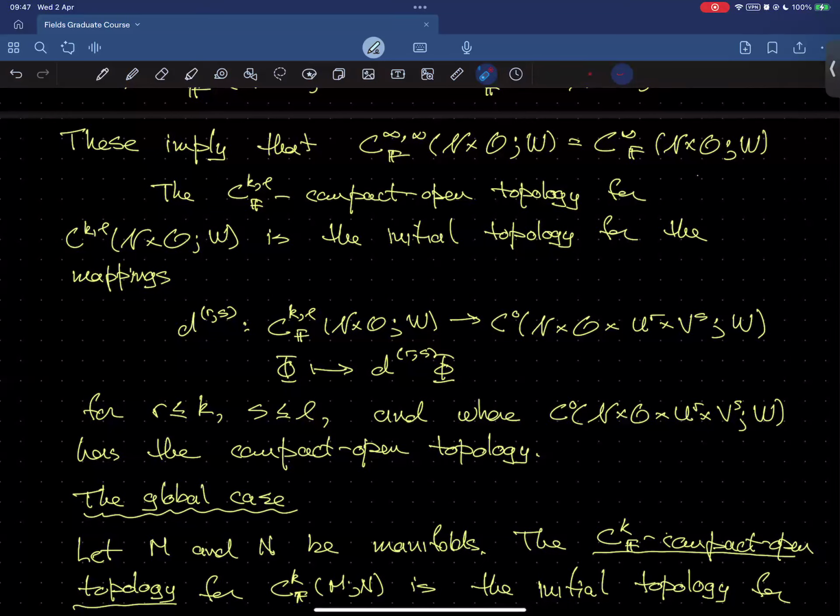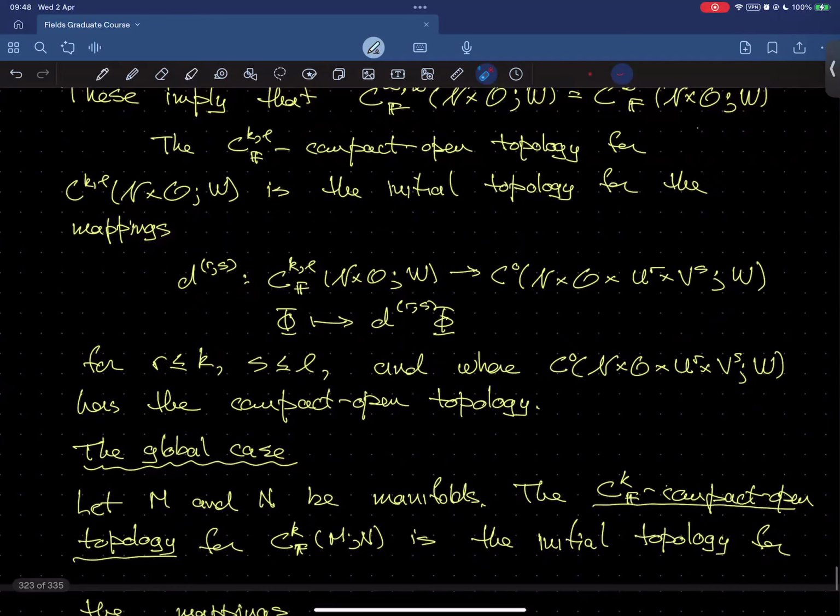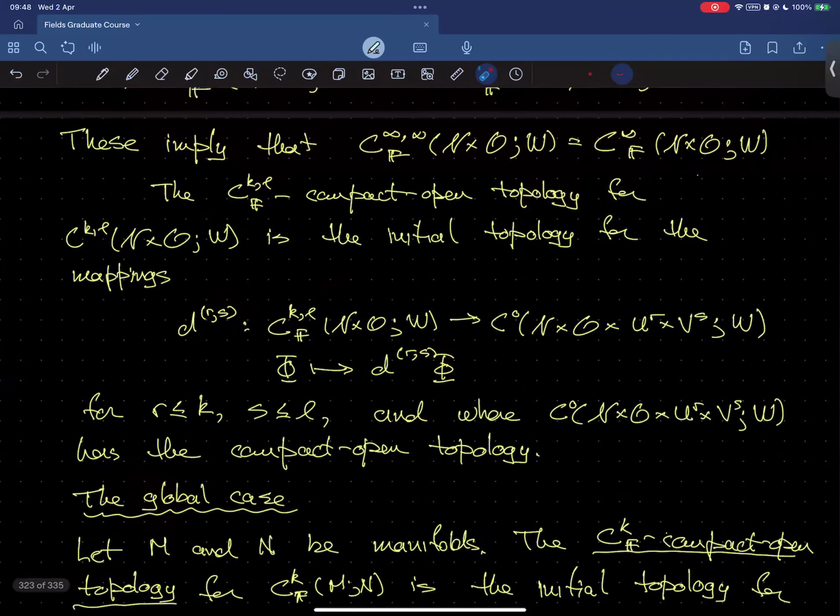Okay, and it has the same interpretation that these derivative mappings should be continuous functions of their arguments on compact subsets of the domain, and the domain is this. Okay. All right, so that's the definition of the CKL compact open topology.